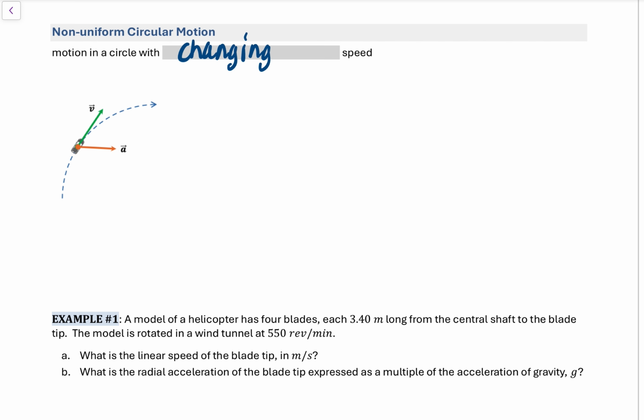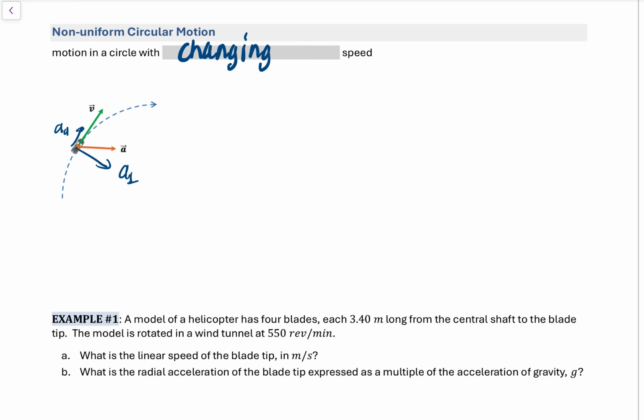And we also have non-uniform circular motion. If uniform circular motion was constant speed, non-uniform means we're going to have changing speed. I pulled up this little graphic that we did in the first video, just to highlight why we would have a changing speed. If I have an object moving in a circle, but I have an a perpendicular and an a parallel, then we're going to have a changing speed.